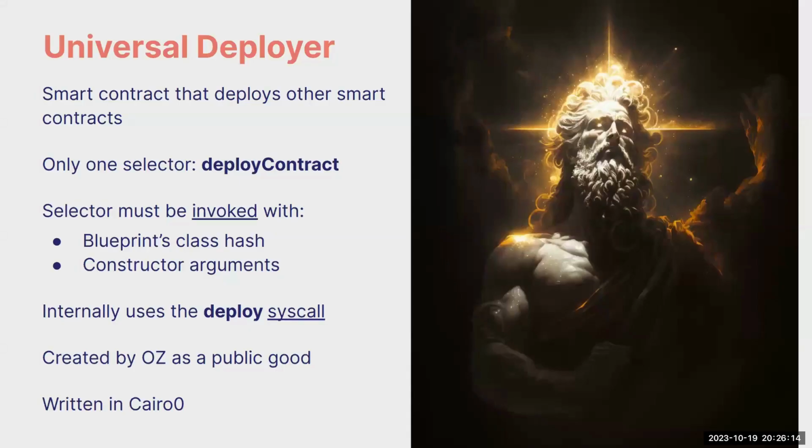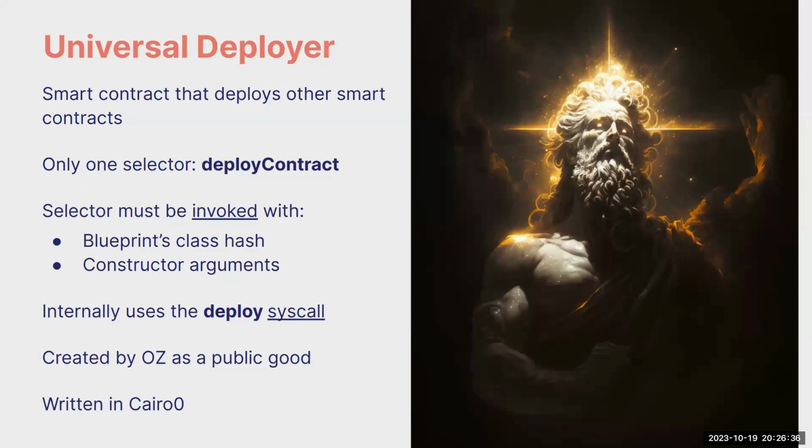The universal deployer is a public good created by OpenZeppelin, and it is written in Cairo 0. Basically, it takes in the parameters from your contract. Say you have a constructor argument that you want to use to initialize the state of your contract.